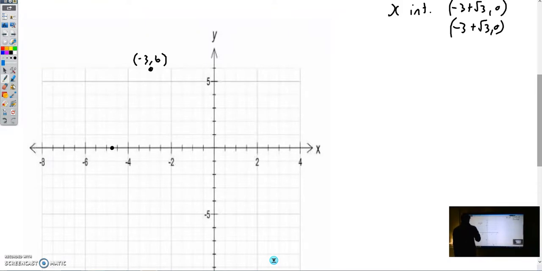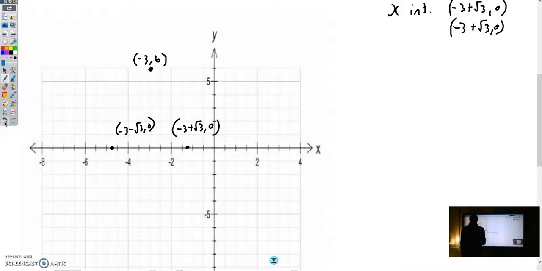So that is my minus 3 minus the square root of 3, 0. And if I take negative 3 and I add 1.73, that's going to take me to about negative 1.3, which is about here. So that is minus 3 plus the root of 3.